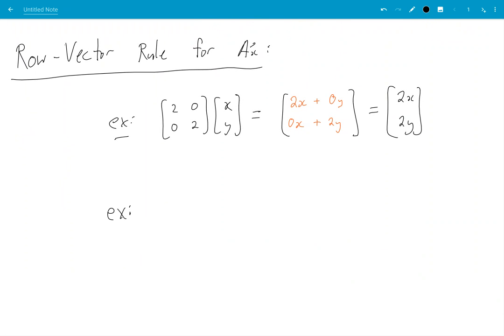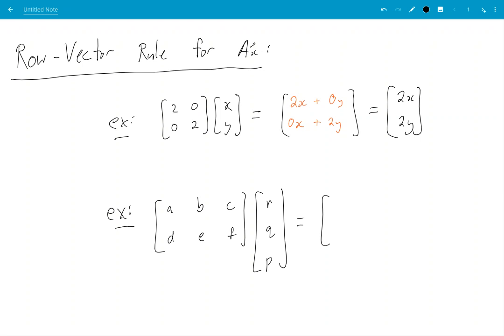Let's do another example. If I have, say, A, B, C, D, E, F, these are little numbers, and I have R, Q, P, whatever. And what you're doing is, if you've done dot product, maybe you know what this is.